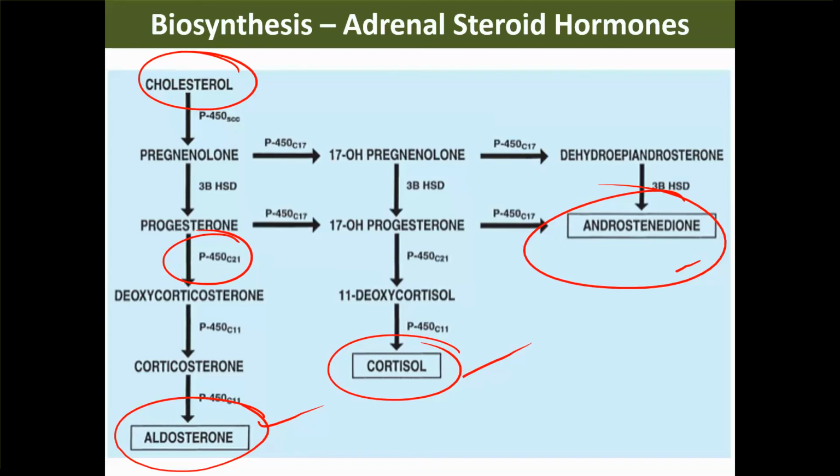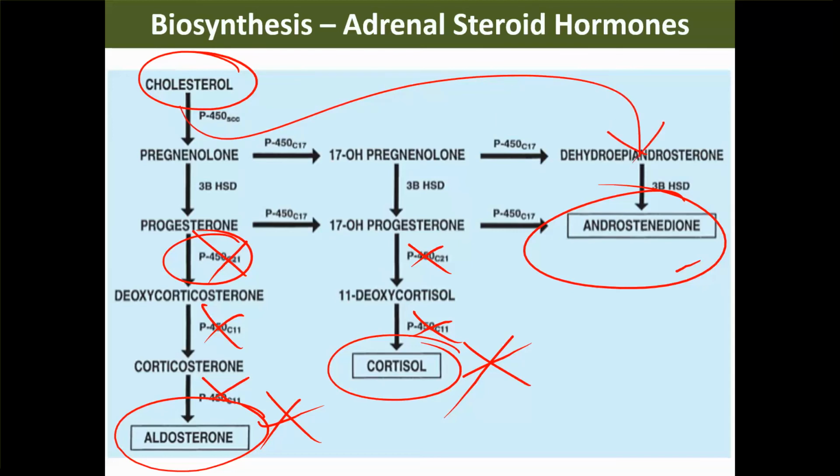If there is a deficiency of these enzymes in the chain, which are basically hydroxylase enzymes, then aldosterone, the mineralocorticoid, and cortisol, the glucocorticoid, will not be produced. Then everything will go in the direction of producing more androgens. So just keep this in your mind.